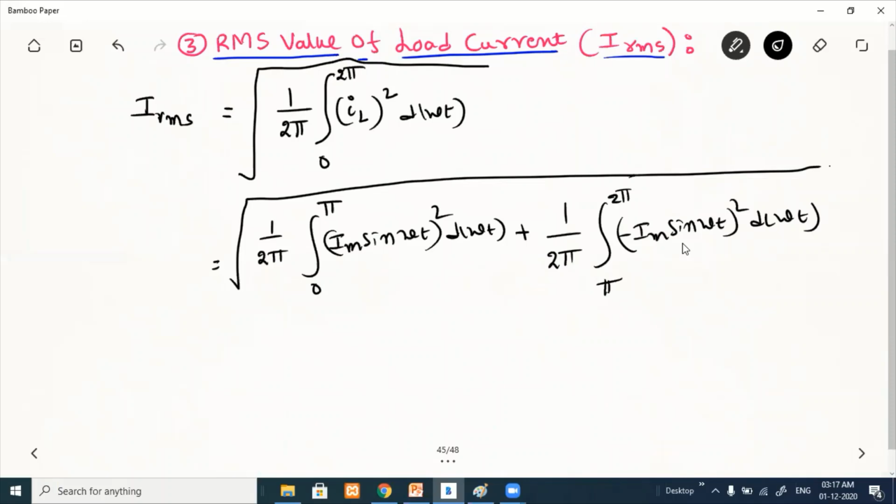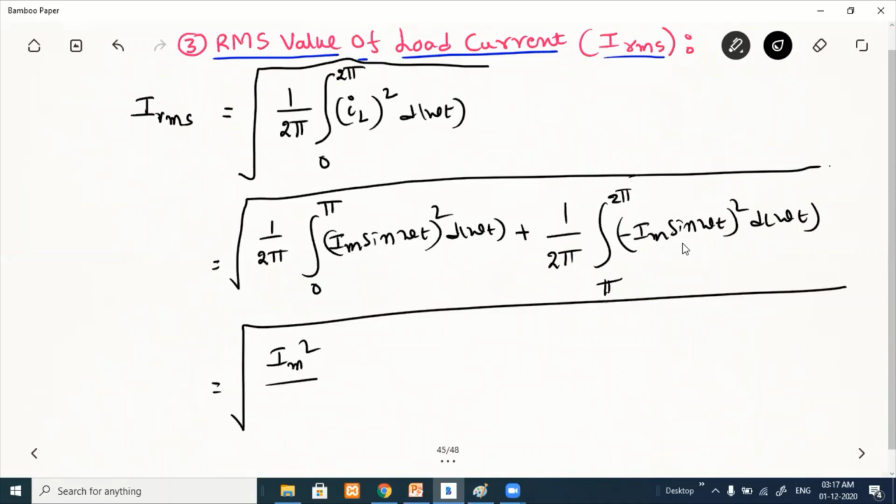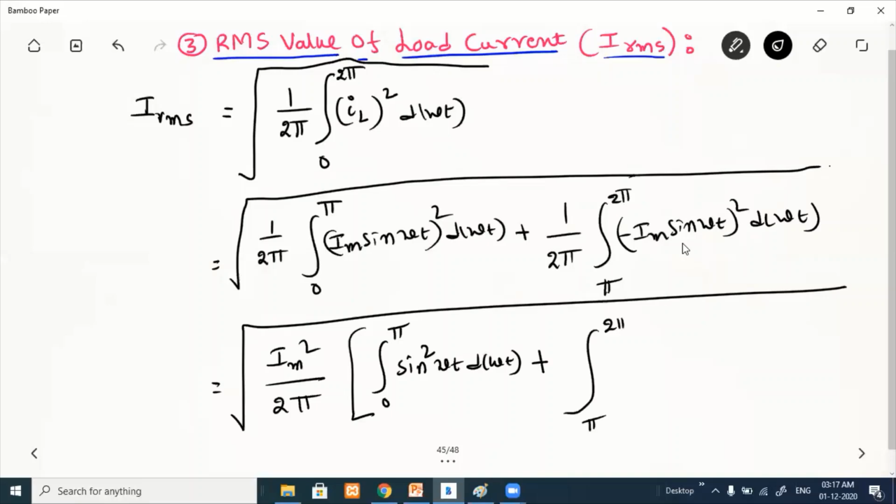Then this Im square is common, so you can take it out. Im square by 2 pi integral 0 to pi sin square omega t d omega t plus integral pi to 2 pi sin square omega t d omega t.